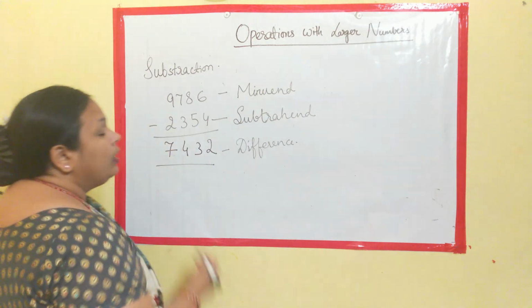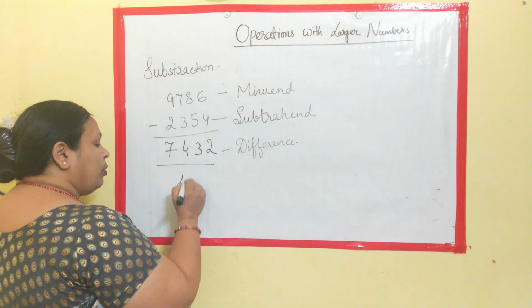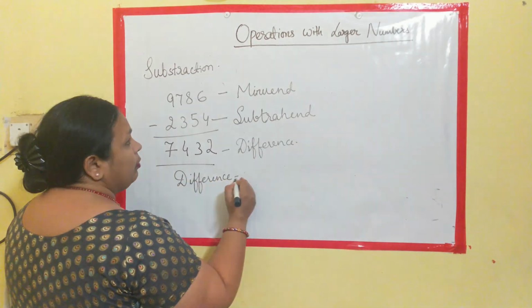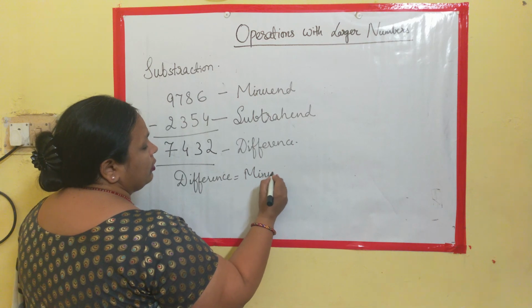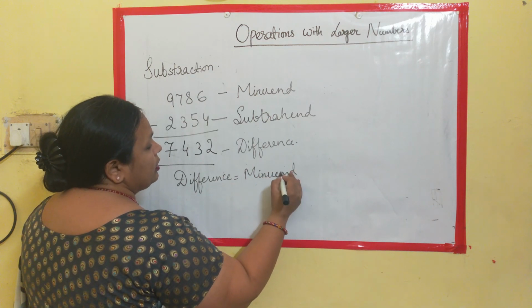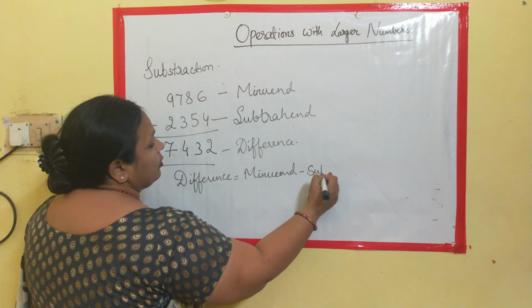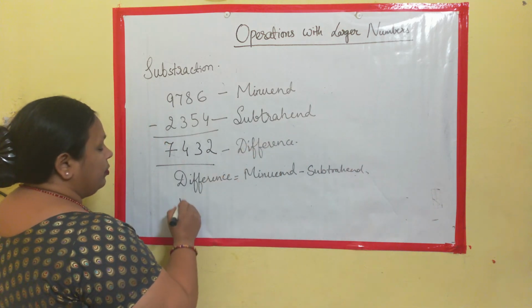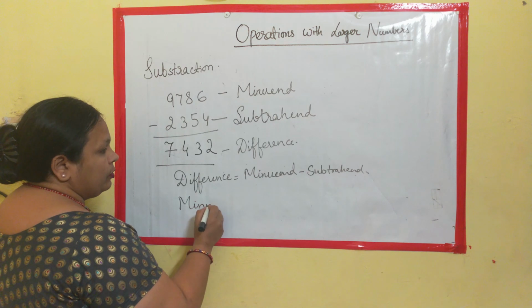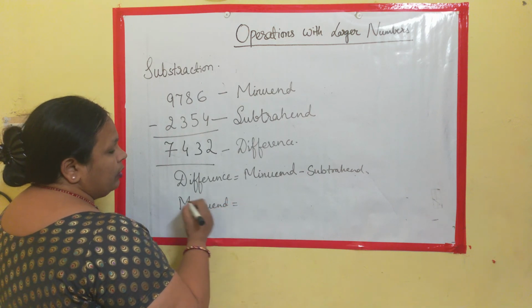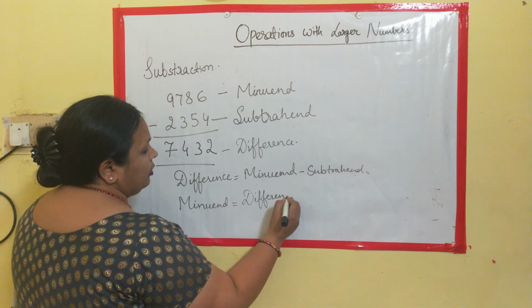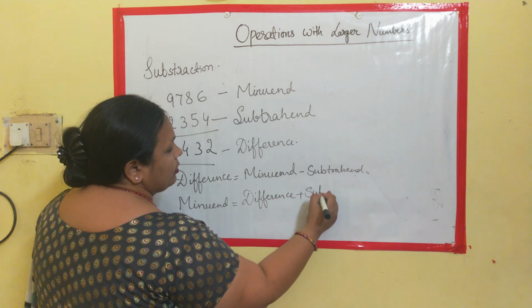Clear? Now we can also make a formula from this, that is, difference is nothing but minuend minus subtrahend. Or if you talk of minuend, that is difference plus subtrahend.